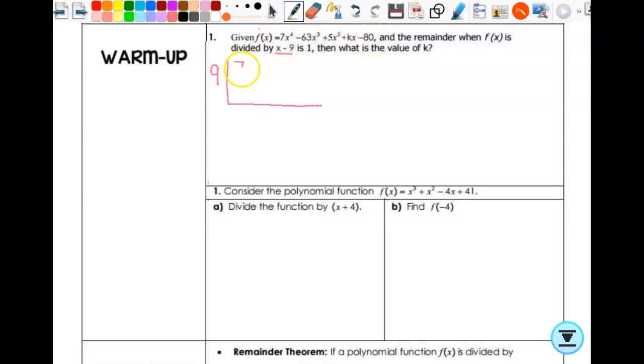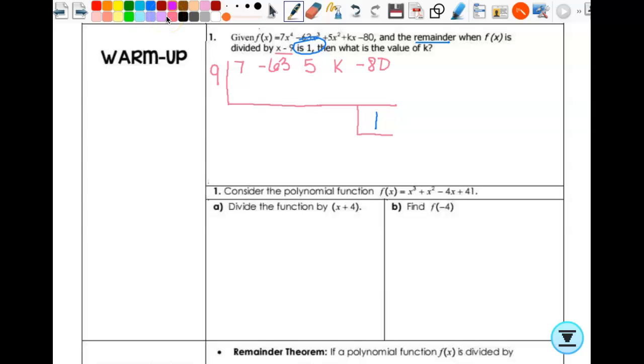So my first one is 7, then negative 63, then 5, then k, because it's just a constant, and then negative 80. Right? And then under that, I put my little basement. What else do I know that I can put in here before I start my synthetic division? The remainder is 1. It tells me the remainder is 1, so I'm going to put a 1 in there. I already know what it is.